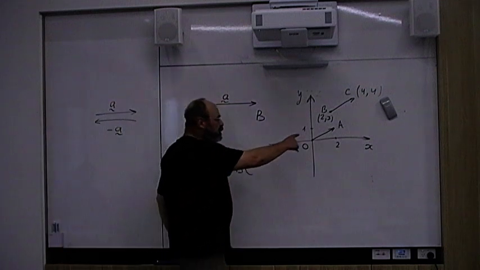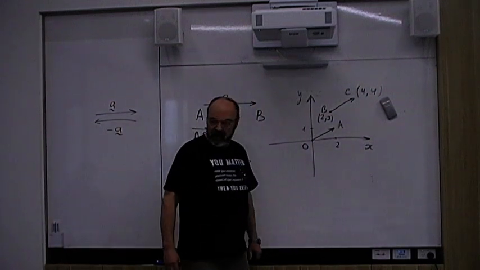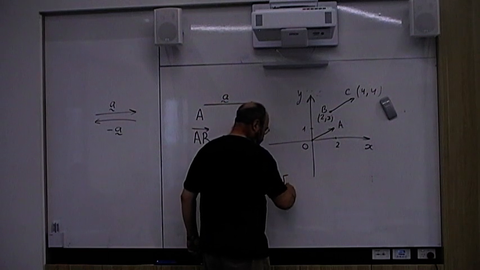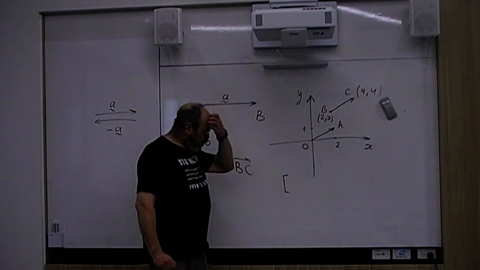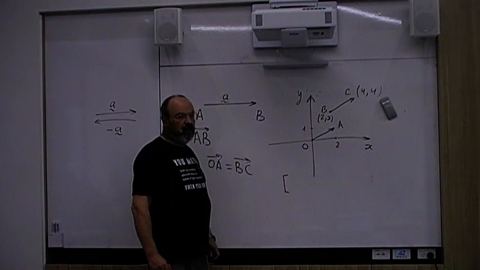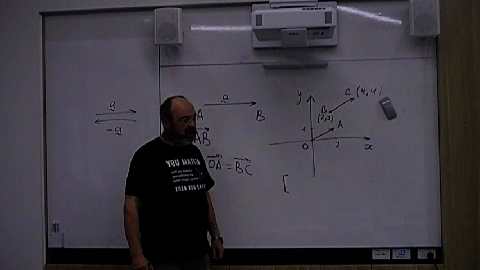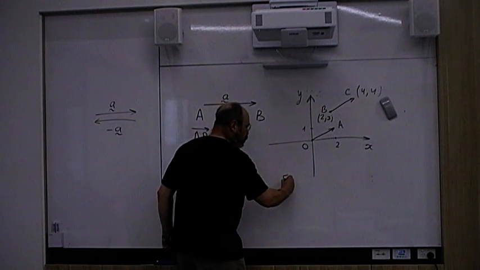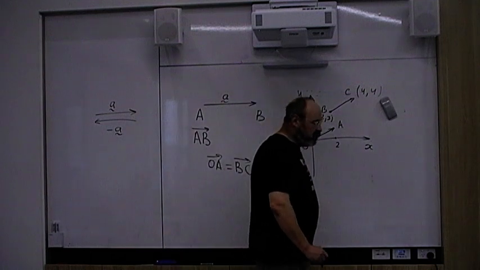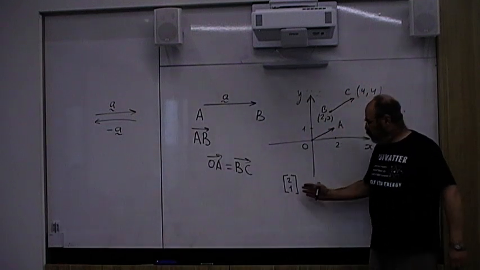We can describe this vector using matrices. We can write this vector, when it starts from the origin, by putting the x, y coordinates of the end of the vector. So it will be 2, 1. So we can describe this vector as 2, 1.